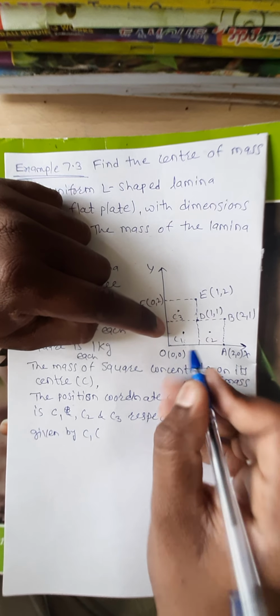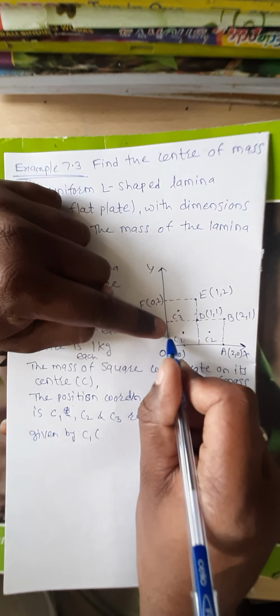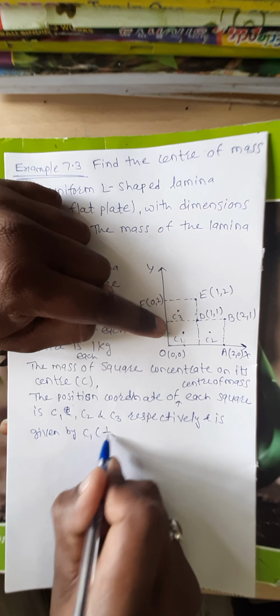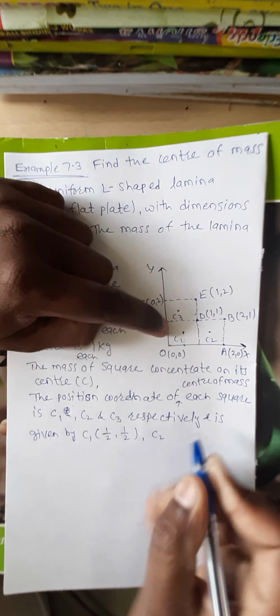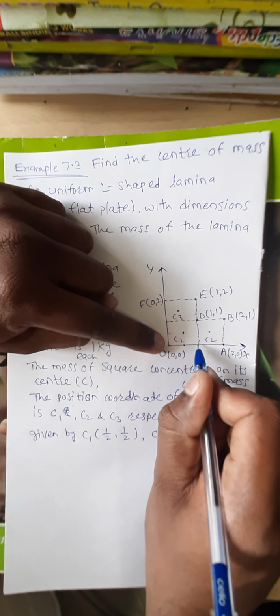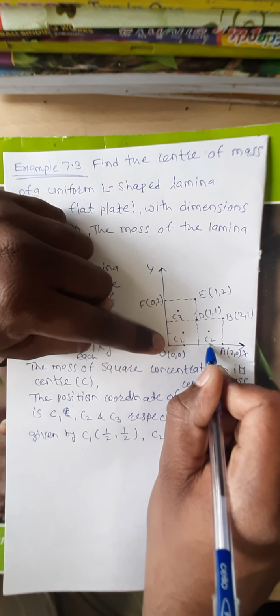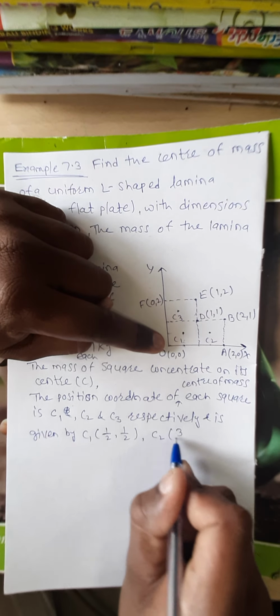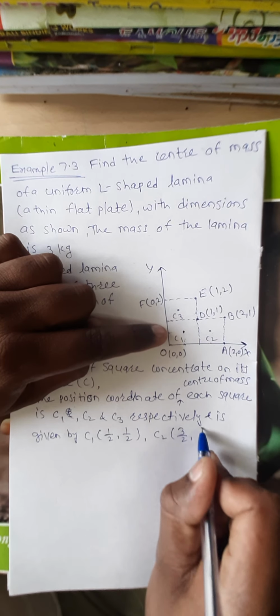C1: along the x-axis this is half, and along the y-axis this is also half, so C1 is (1/2, 1/2). For C2, this is the half, this is the 1, and 1 and a half means 3 by 2. Along the x-axis it is 3 by 2, and along the y-axis it is half.